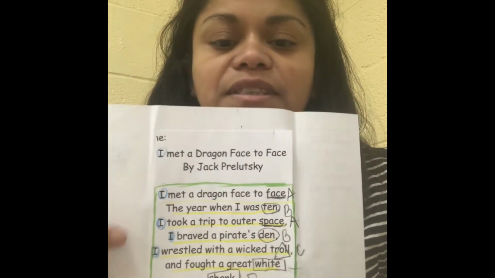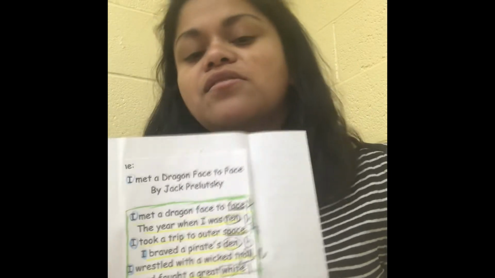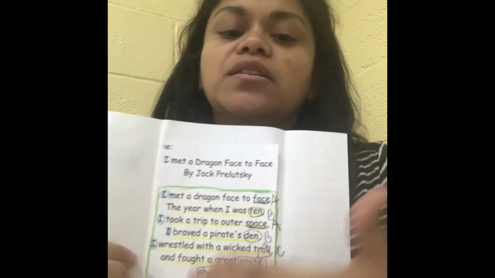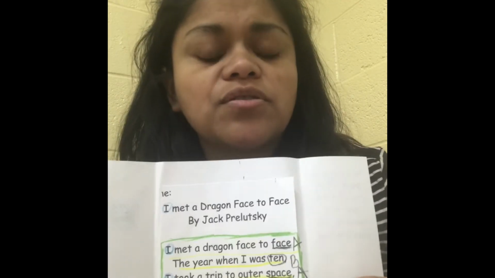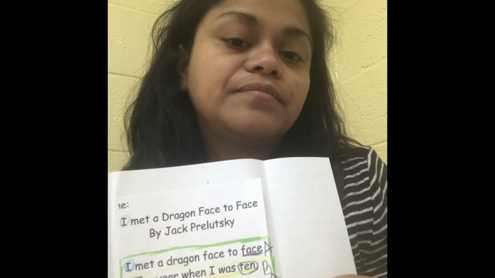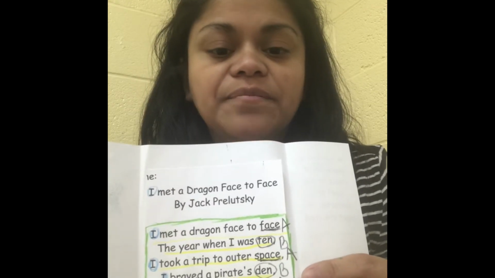So it's also not a sentence or groups of words, okay? That is also not a poem. It's included in the poem. Rhyming is included in the poem. But what if you don't have those two things? Do you still have a poem? It's a good question, right?